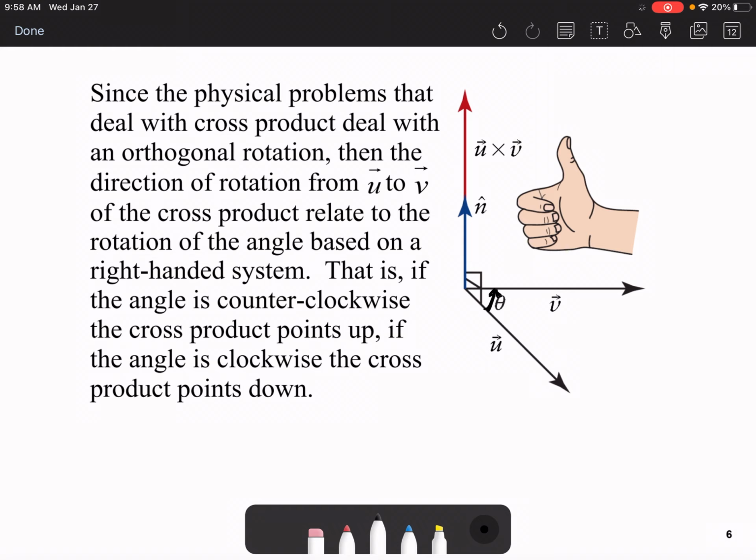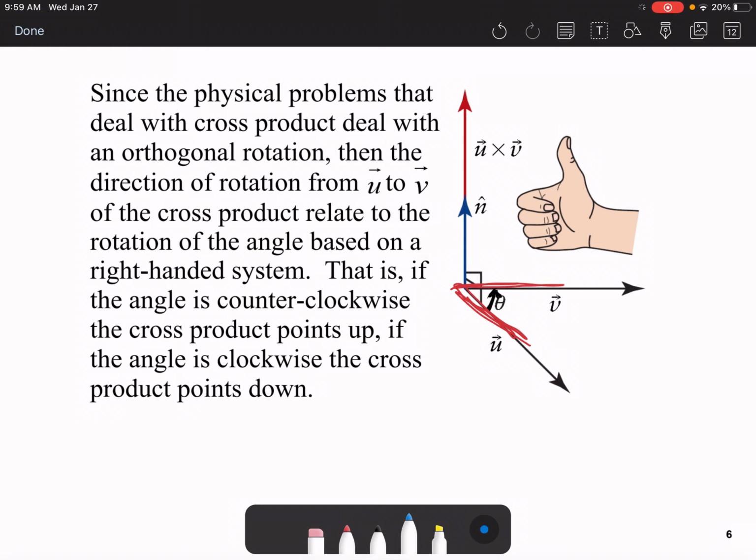So u cross v would actually be going upwards. So you start with your fingers on u, then you curl your fingers towards v, and you stick your thumb out. So u onto v, stick your thumb out, and then your thumb goes upwards. So u cross v would be going in that upwards direction.